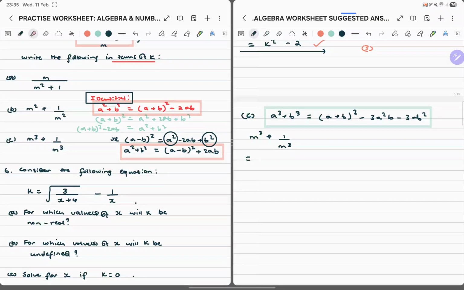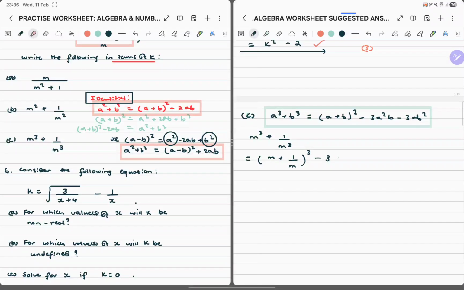One is a cube, m cubed, and the other is a cube too. So the way we want to do this, we take the cube root of the first one. So this is going to be (m plus 1 over m), and then we cube it, minus 3a squared.